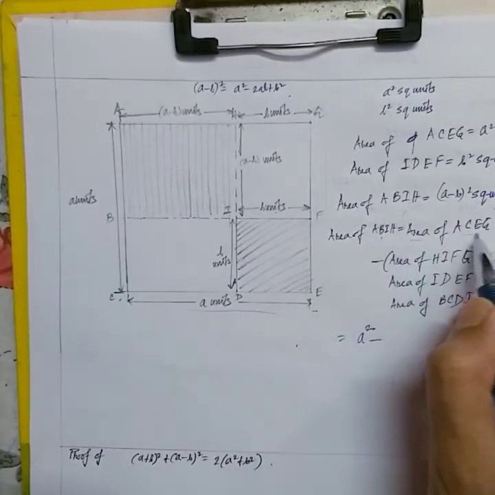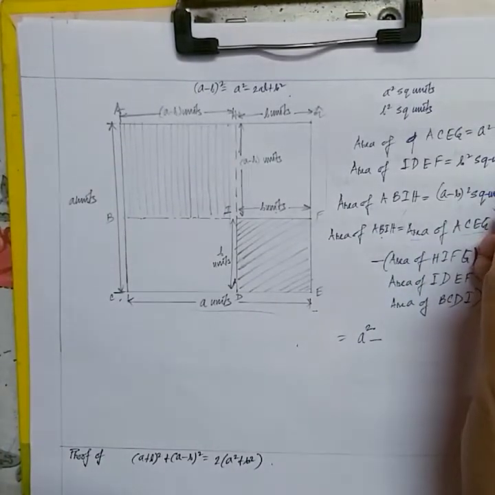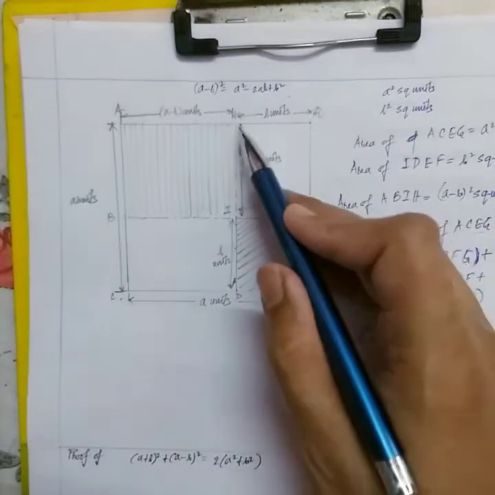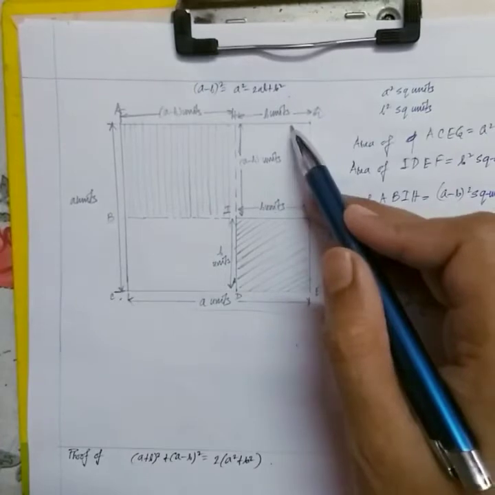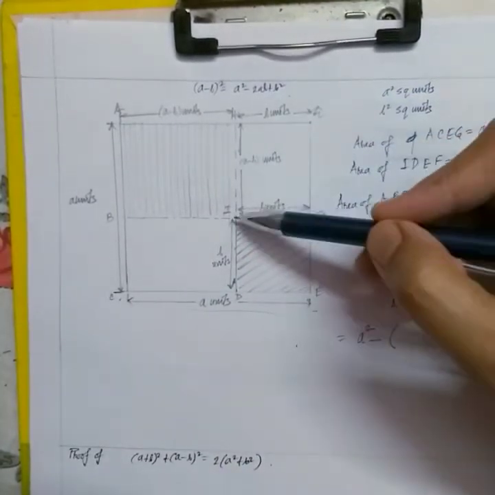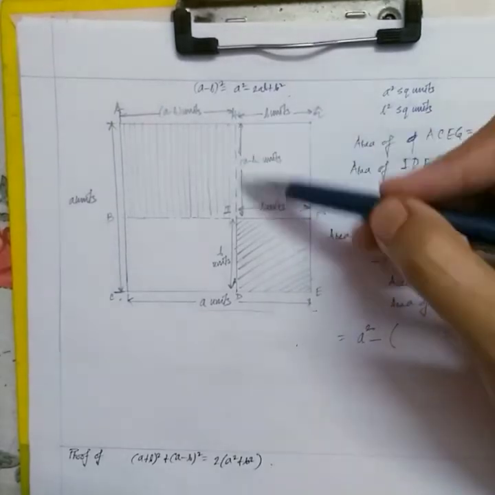Minus, as you can see, area of ACEG we have already written over here, a square units, minus area of HIFG, that is this part. This is nothing but a rectangular slot having breadth b units and length a minus b units.